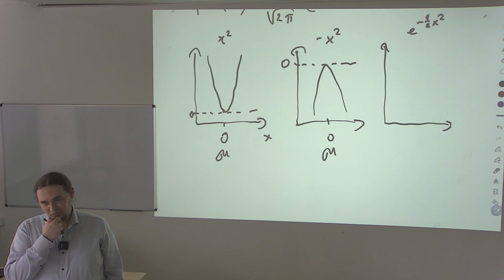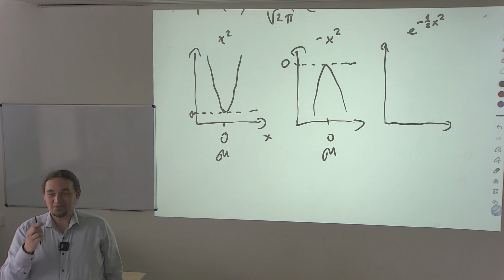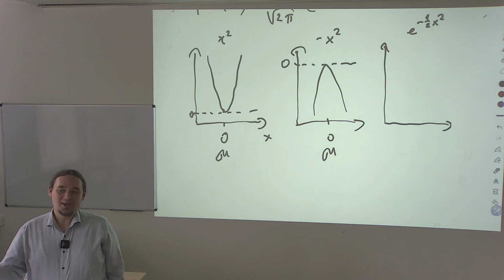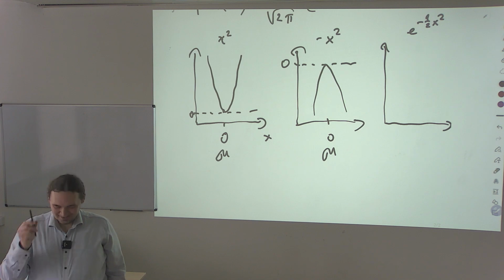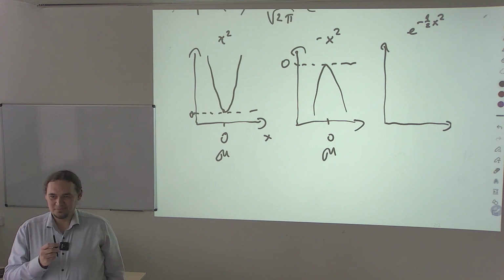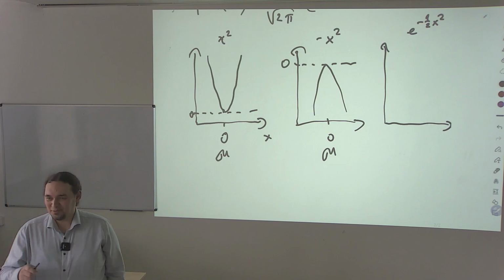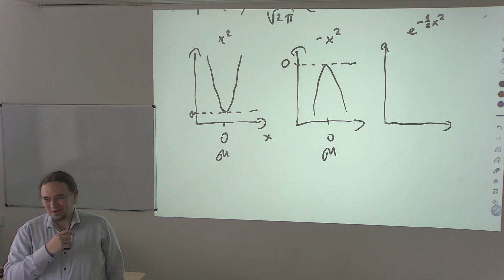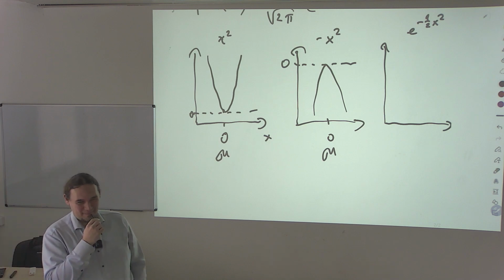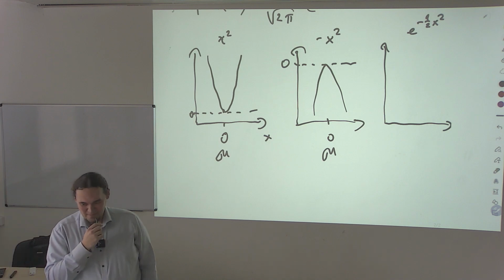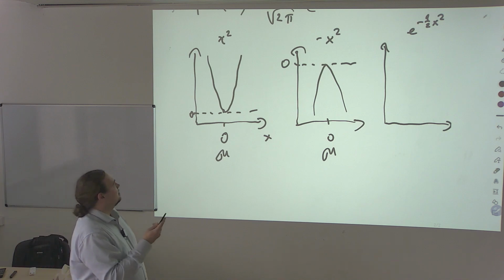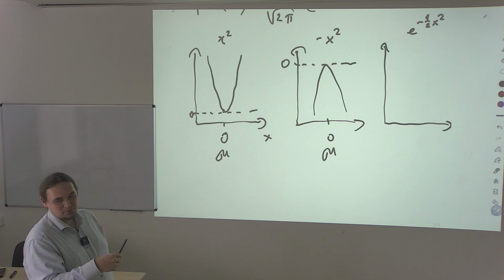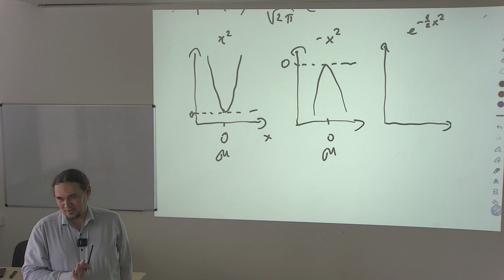Continue on this line of thought. If the exponent is equal to, let's try to find some other number. Oh, 0. Good. What happens then? Then it's gonna be 1 on the axis. And the exponential function is increasing, right?